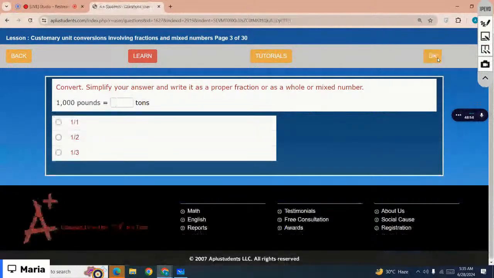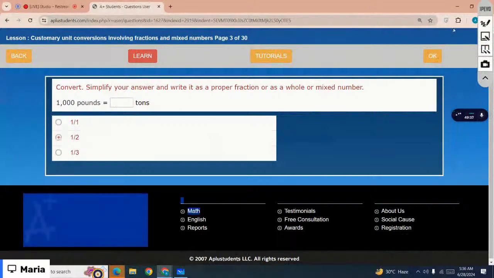1,000 pounds equals how many tons? That is half a ton, right? Because 1 ton equals 2,000 pounds, so that means 1,000 pounds is half of a ton.